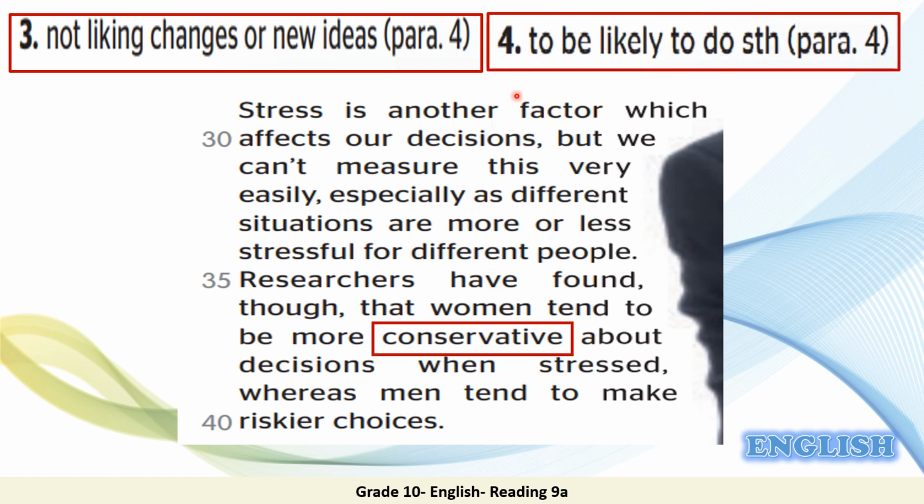We are still in paragraph 4. To be likely to do something. Try to read through the text and find out a matching meaning. And the answer is tend. Excellent work, everyone.